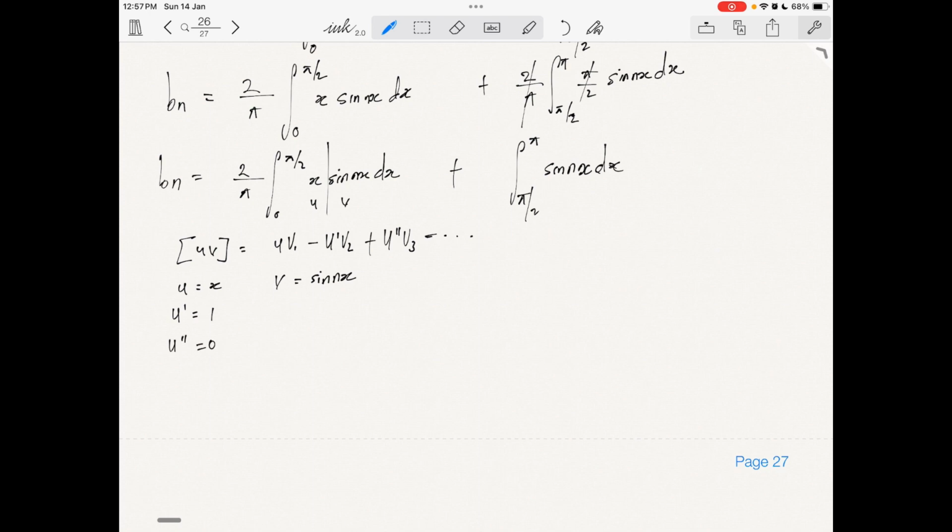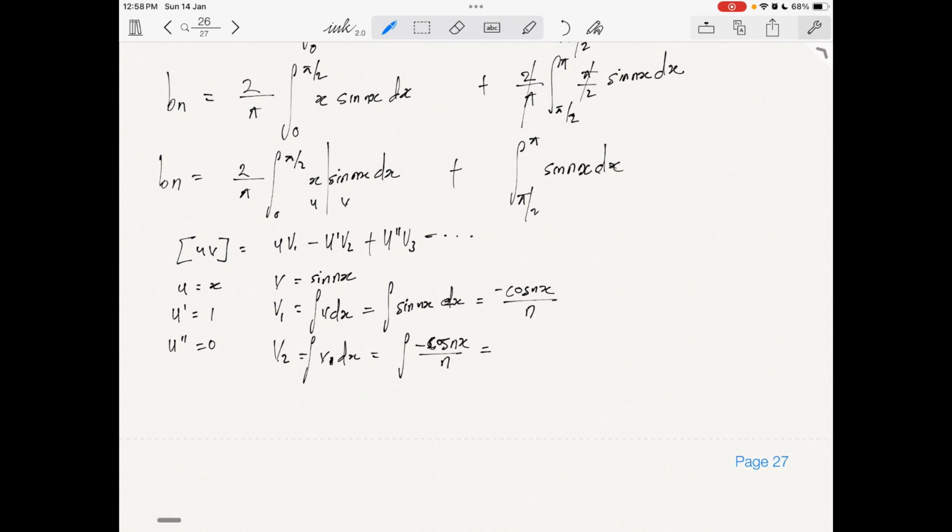So we have to evaluate v1 and v2. Our v1 is equal to the integral of v dx, and that will give us the integral of sine nx, which is minus cos nx over n, and v2, which is the integral of v1 dx, is the integral of minus cos nx over n.